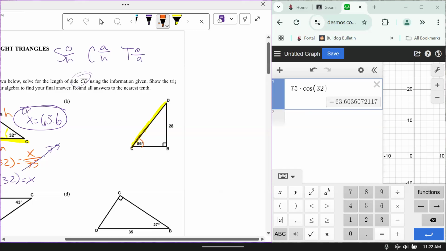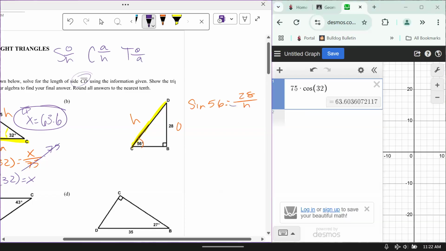Okay, so if our reference angle is 56, this is opposite, CD is our hypotenuse, that gives us sine, so sine of 56 equals 28 over h. Remember what I said, these guys just flip, okay? If you don't understand that, go scroll back, watch that last problem I did on the mixed practice worksheet, and you would see that h equals 28 over sine of 56 if we solve like normal.